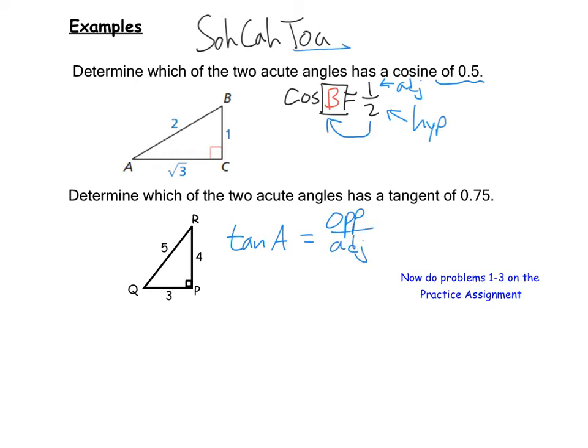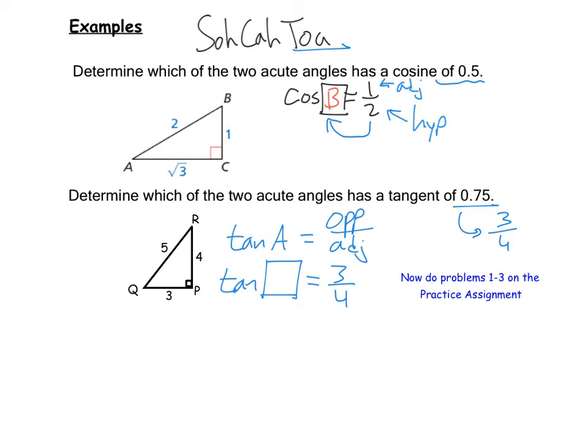That comes from the TOA part of our SOHCAHTOA, okay? So we're saying the tangent of some angle, we don't know which one, is equal to 0.75. Do you know what 0.75 is as a fraction? Well, 0.75 is 3/4, right? 3/4 is what we're looking for.